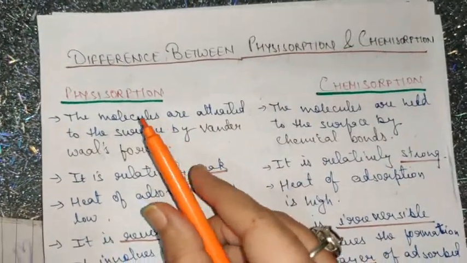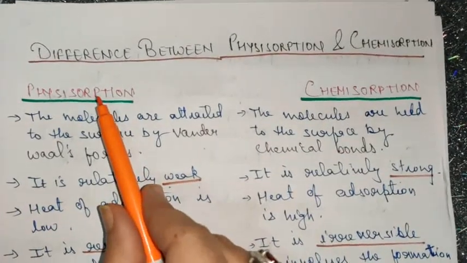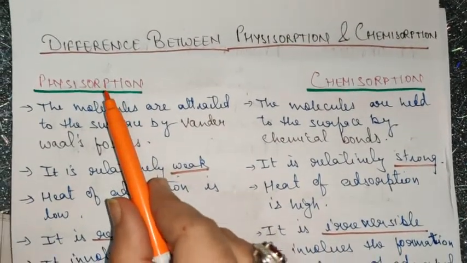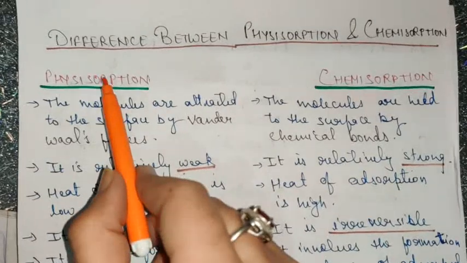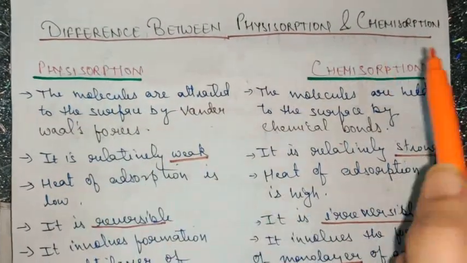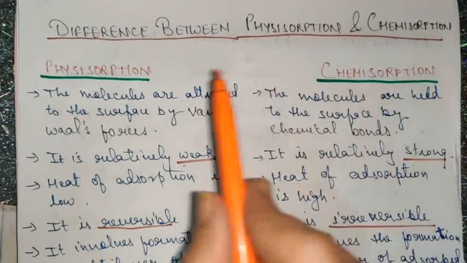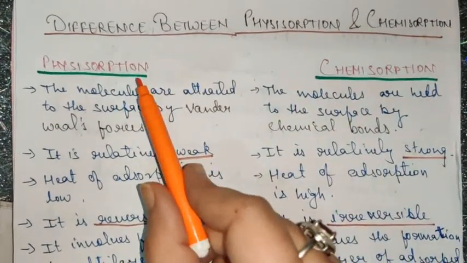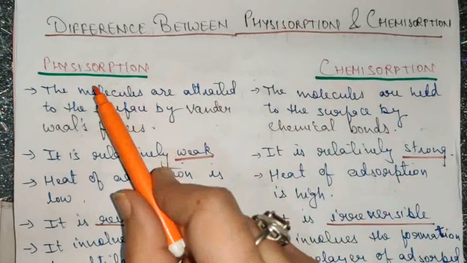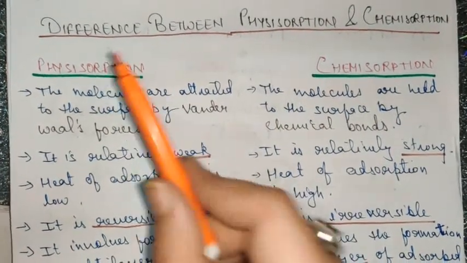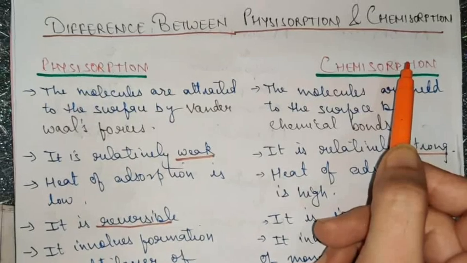The name physisorption itself suggests that it is a sort of physical change, and chemisorption is a chemical change. I hope you remember the basic difference between physical and chemical change. Physical change is reversible and chemical change is irreversible.